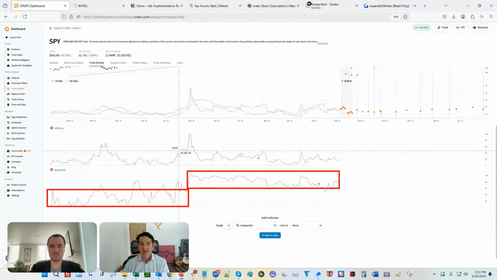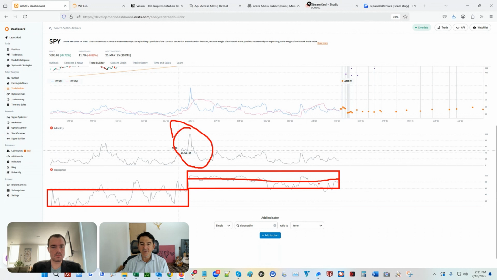So I think this really hurt some people, and they're still not trading as much, or there are more people hedging since then. Anyway, that's kind of beside the point.